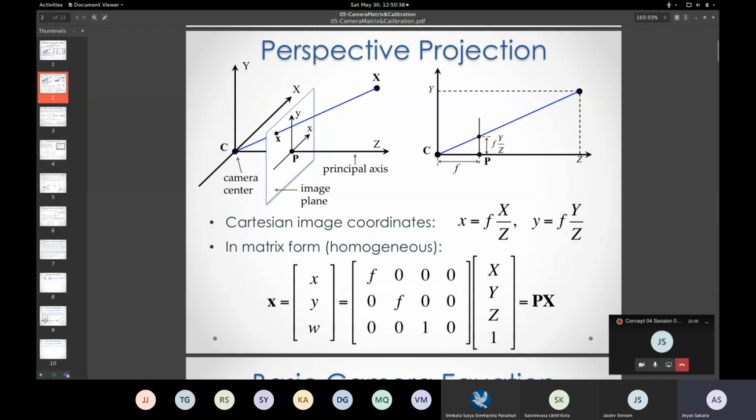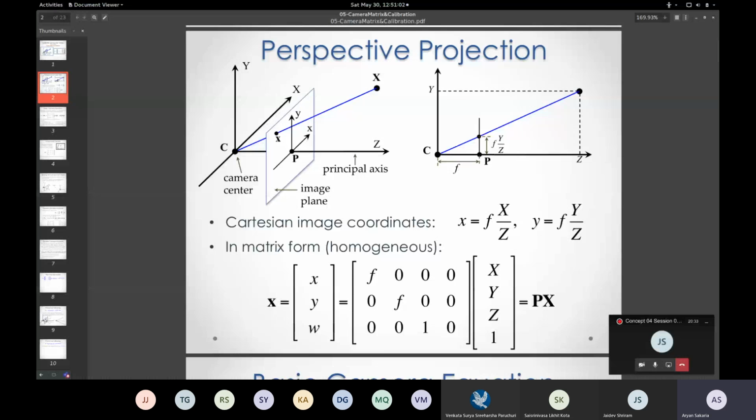So you can use similarity over here. Just look at the x and the y. The z is not counted anymore because the plane is parallel to the xy plane. The z value of all points on this plane is just gonna be f.